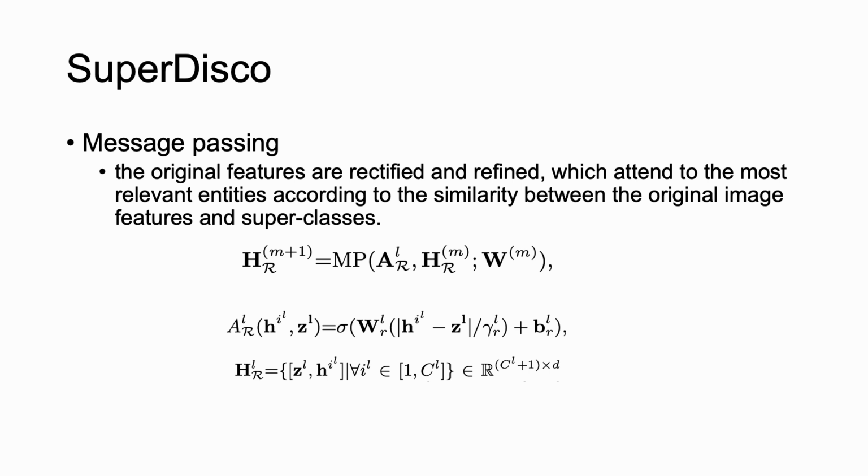We use message passing to get the refined features. With message passing, the original features are rectified and refined, which attend to the most relevant entities according to the similarity between the original image space and the superclasses.